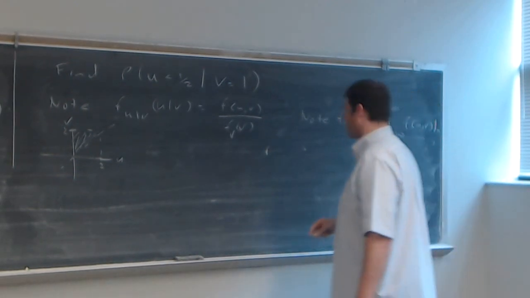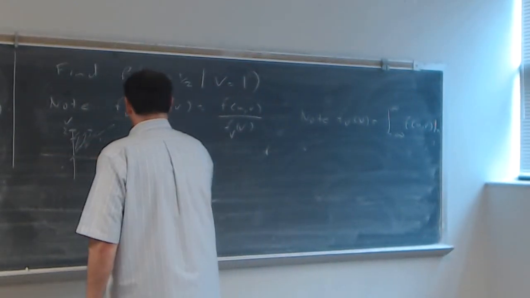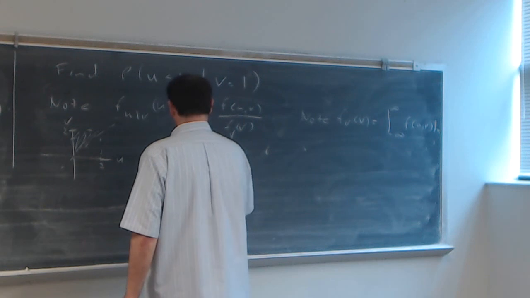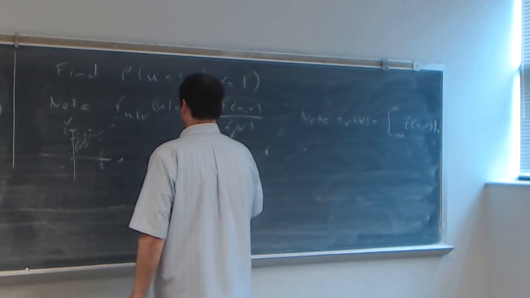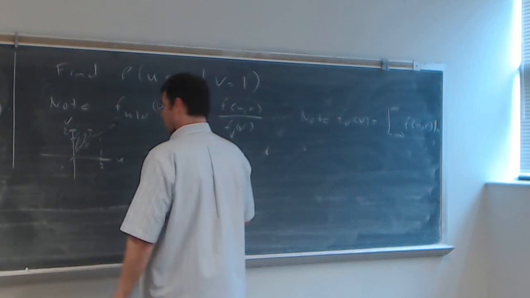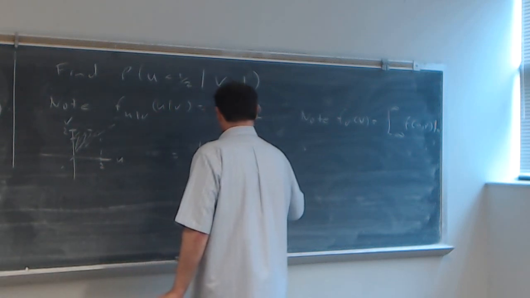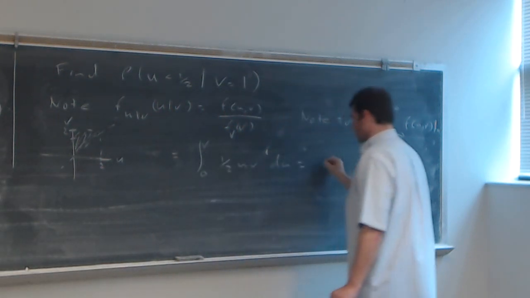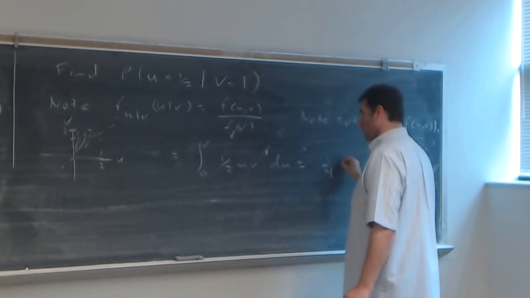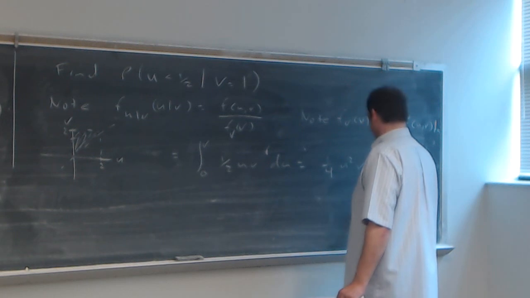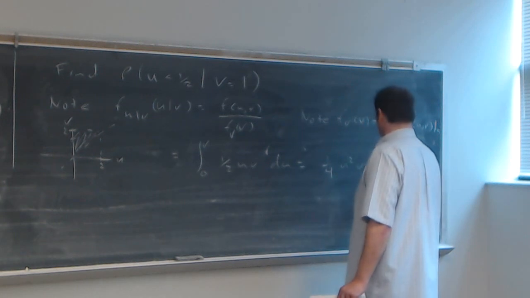And so for a fixed v, the u values will run from 0 to v. The integral of 1/2 uv du is equal to 1/4 u squared v, where u runs from 0 to v.